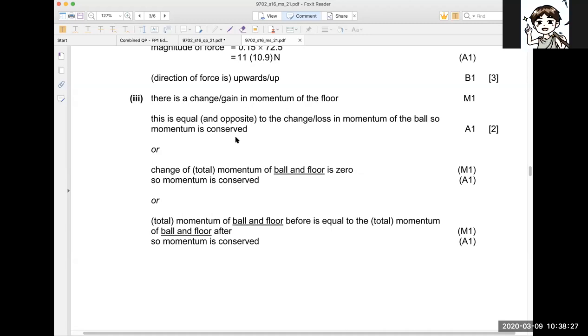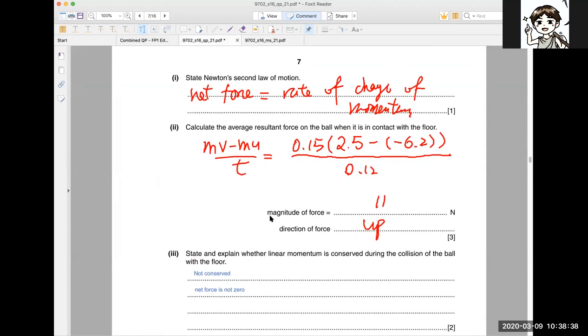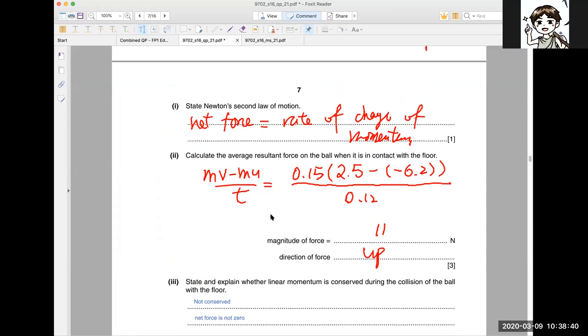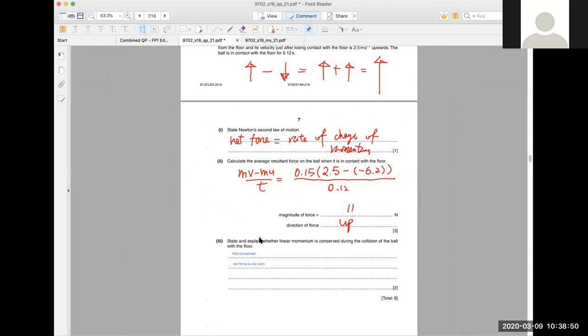Now, the momentum. I think the question does not say it clearly, because if I just consider the linear momentum of the ball, then it's not conserved. But the ball and the floor system is going to be conserved because there's no overall change, no external force.